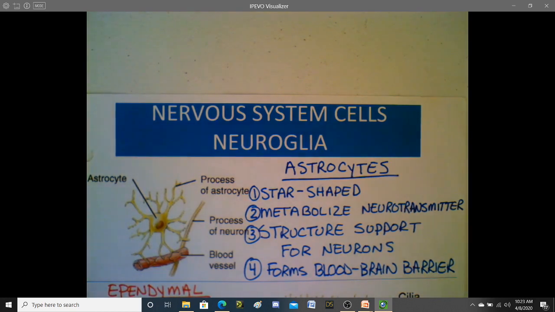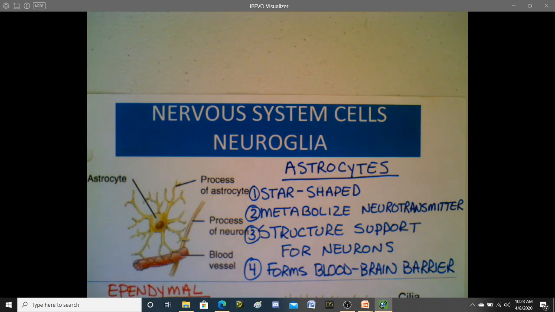Another important thing that the astrocytes can do is it says they form the blood-brain barrier. You have a barrier between your bloodstream and your brain, and it blocks certain substances from getting to your brain and causing harm. The thing that makes up this blood-brain barrier are these astrocytes.